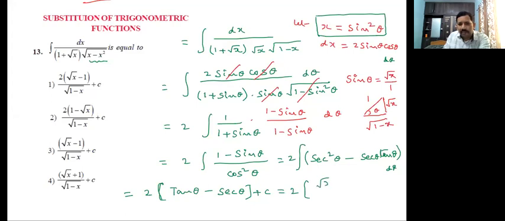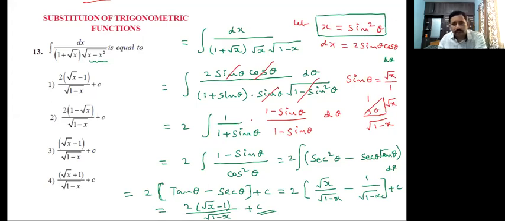Root x divided by root (1 minus x), minus, what is secant theta? 1 by root (1 minus x), plus c. Now the final answer: 2 into, take the LCM, the numerator will come root x minus 1, divided by the denominator, under root (1 minus x), plus c. Students, which option is correct? Tell me. First option is correct.